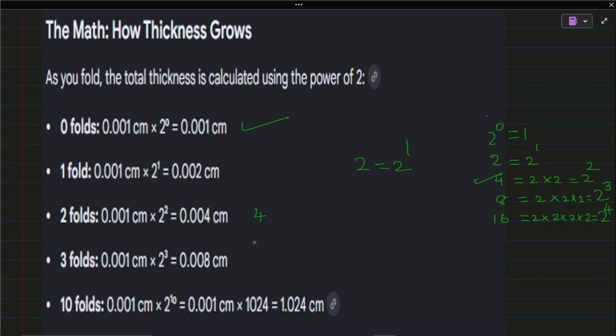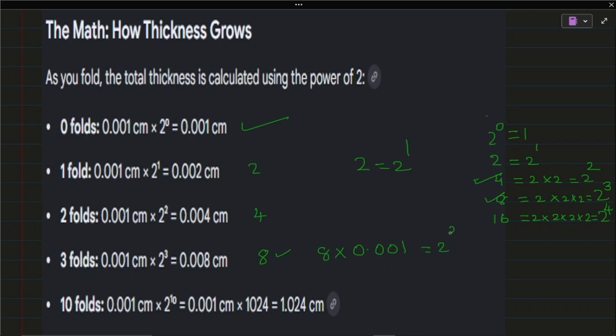Now in the next fold, that is the third fold, it becomes 8. Every time it doubles. First it was 1 paper, then 2, then 4, then 8. Now the 8 layers thickness you can find by 8 multiplied by 0.001, and we can express 8 as 2 cube.